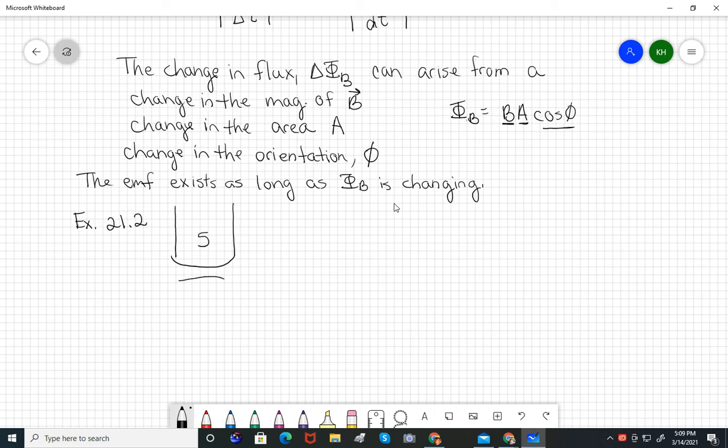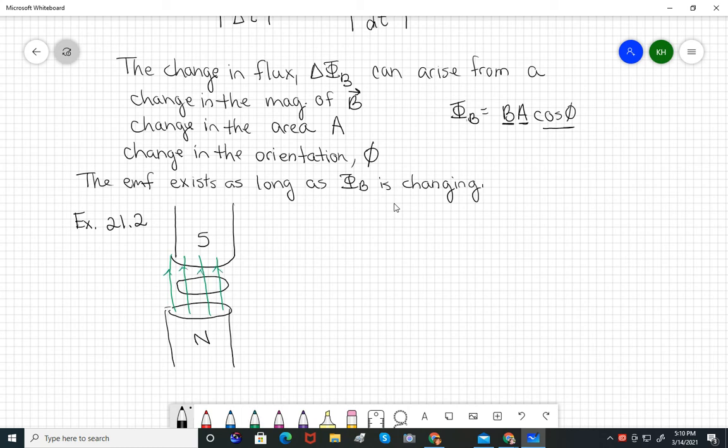Here's our loop. I'm going to keep it very simple, not a coil of wire. We'll just have a single loop. And then we've got the north pole of our magnet. And we know that magnetic field points out of north into south, so we can get a continuous uniform magnetic field. I didn't draw it perfectly. That looks something like this.